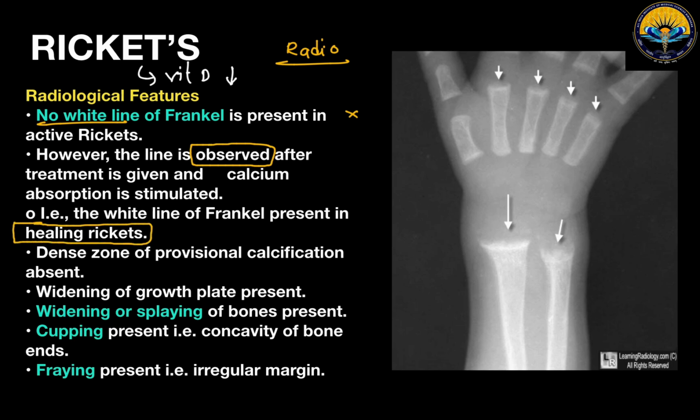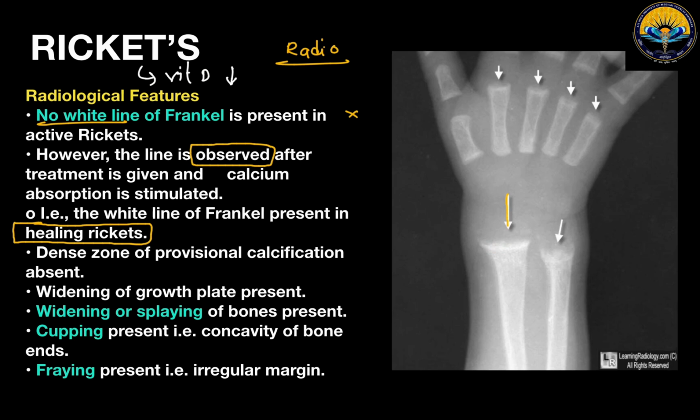Now look over here. Here we have widening, or splaying, of the bones. Here we have irregular margins, which is called fraying. So cupping, fraying and splaying are seen in rickets. So this is about rickets.